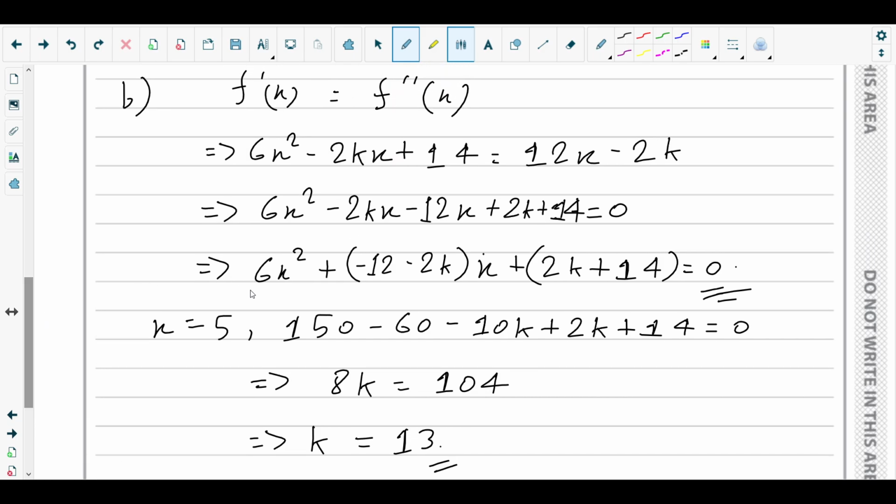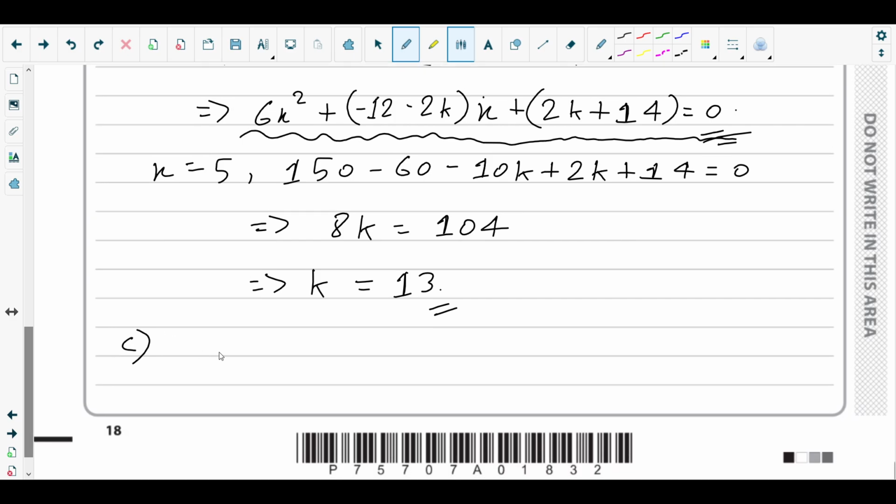Where we got that? This is the equation for the points of intersection between the what? Two curves. Okay, so we will put the value of k in this equation since it is representing the points of intersection. Okay, so what we can write? 6x² negative 12 negative twice of k, that means negative 2k is negative 26.